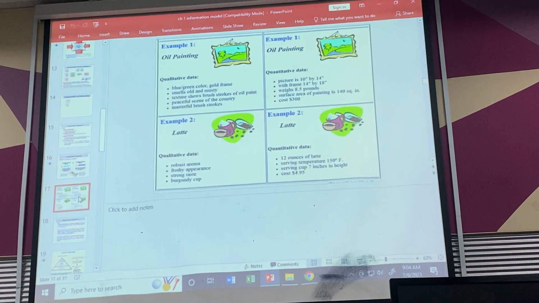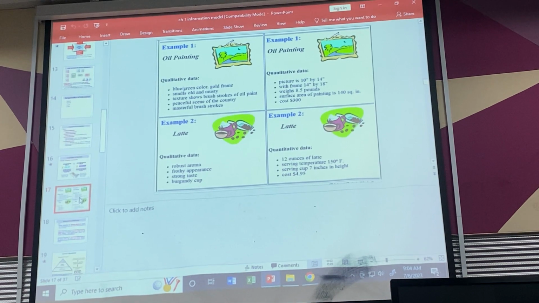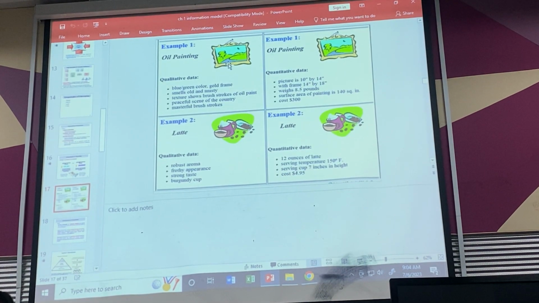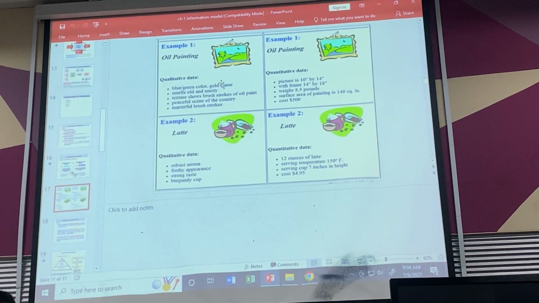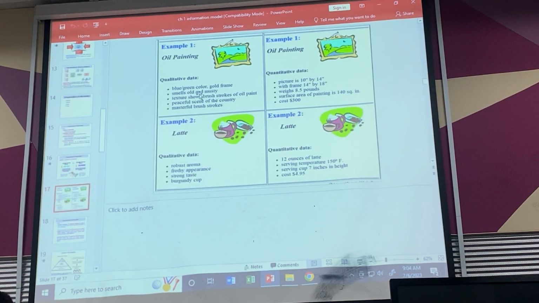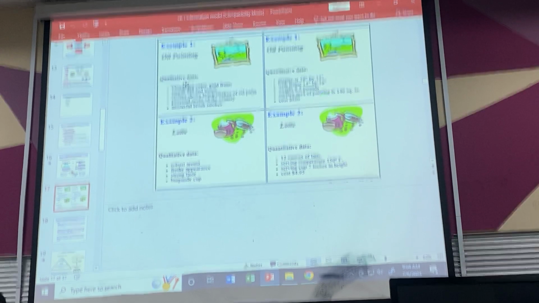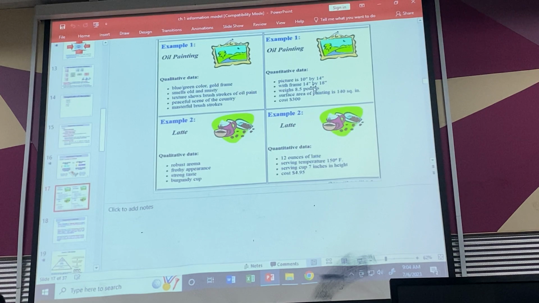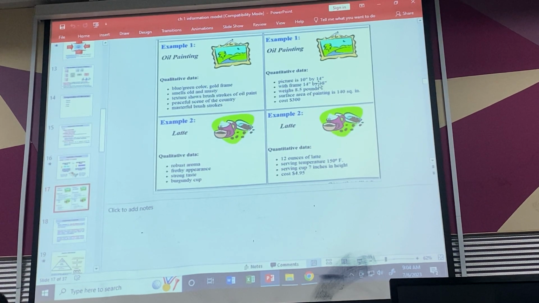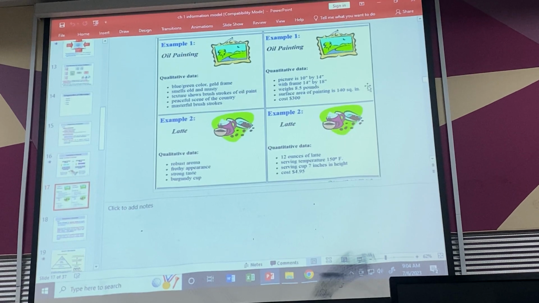For example, next one. Both are also talking about an oil painting. They have blue, green color, golden frame. Okay, this is quality, smell, whatever. This is qualitative. Quantitative all have numbers. This picture is 10 inch by 40 inch. The frame is this size. The weight is this. The surface area per square feet.